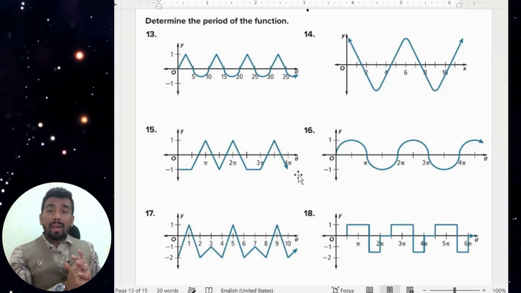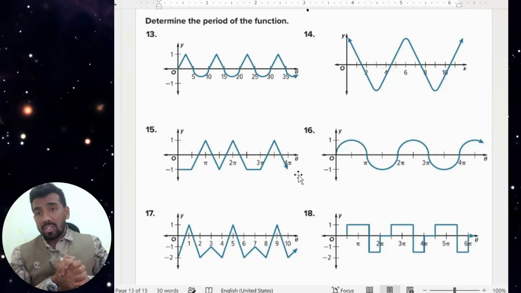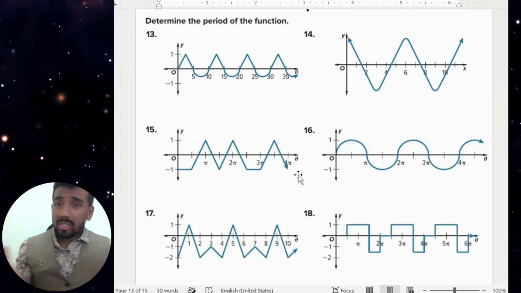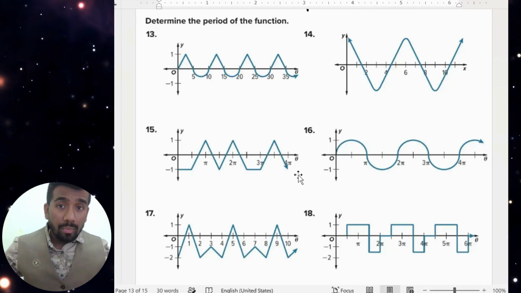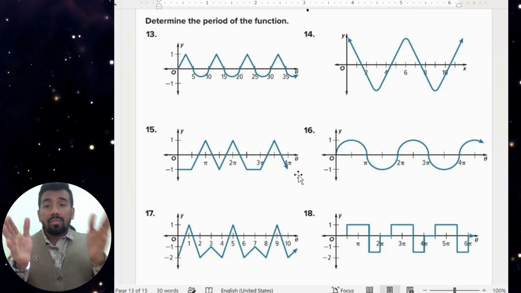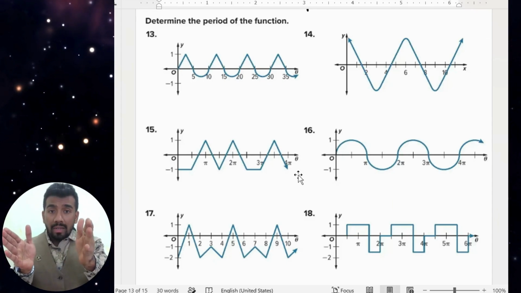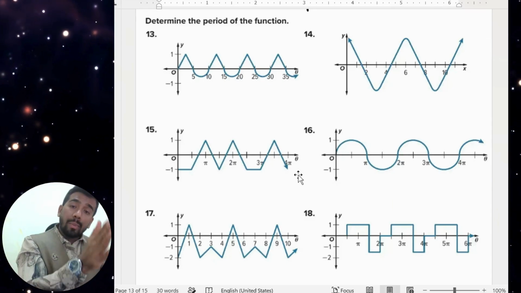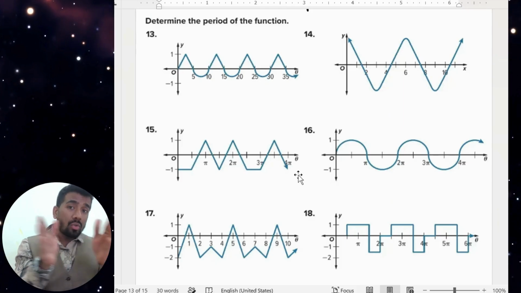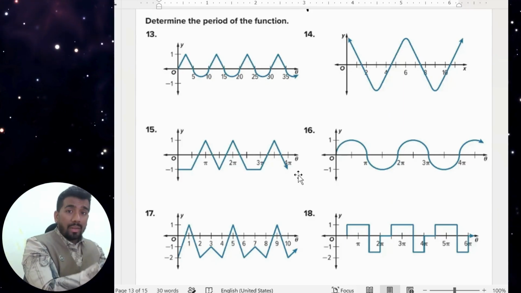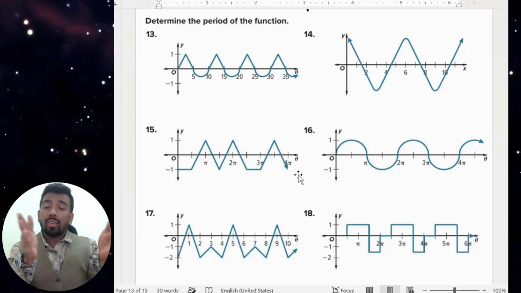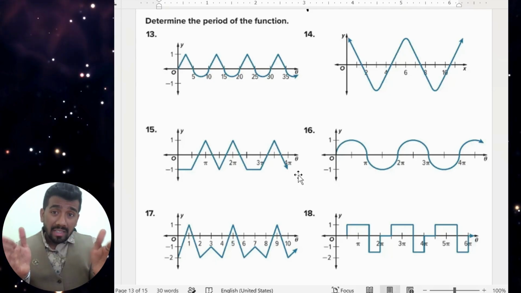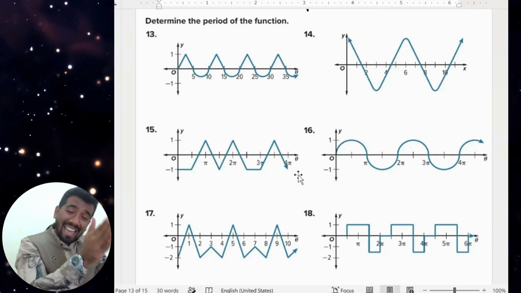Determine the period of a function. How do you find the period? Like you have your school period, right? Your period is 45 minutes. After 45 minutes, the whole period repeats, but with another teacher. 45 minutes, 45 minutes, 45 minutes. How do you know it's 45 minutes? Because that's the period set, which repeats again.